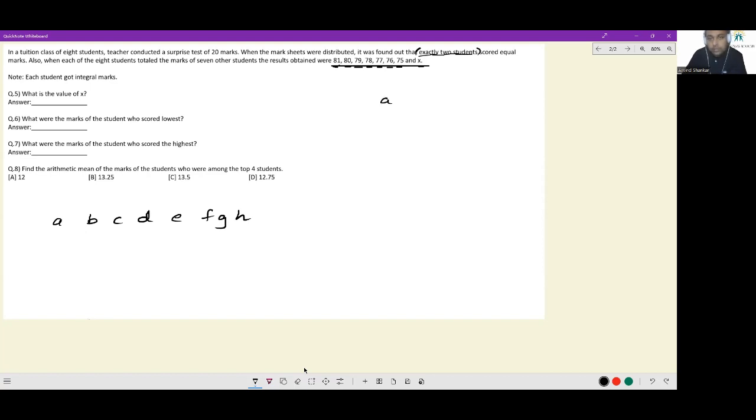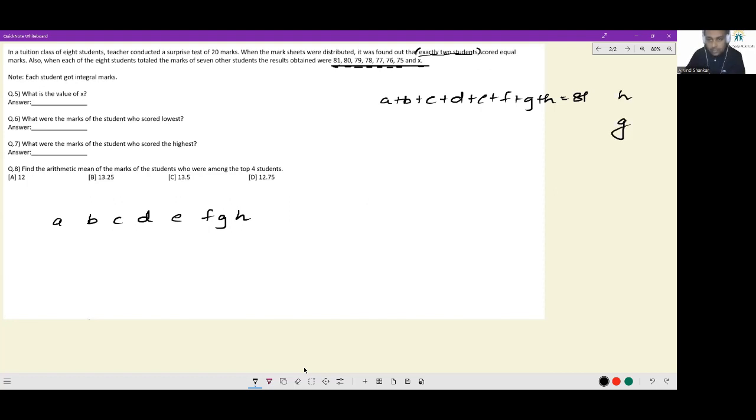When H is looking at the scores of everyone else, A plus B plus C plus D plus E plus F plus G is equal to 81. This is when H is excluded.